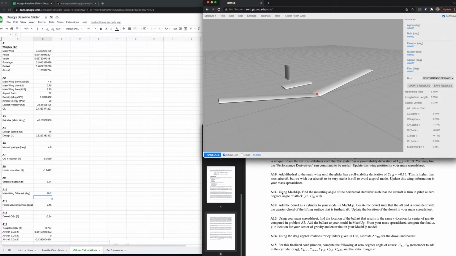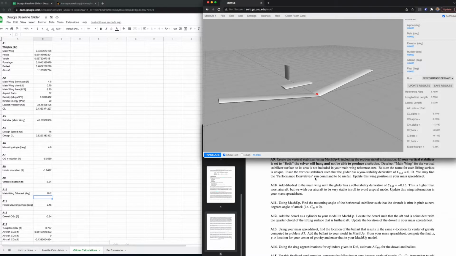And what we've done here by walking through this process for sizing these things and getting this dihedral is we've been looking at the things that are most dominant. So, for example, CN beta, the vertical tail, is the most dominant design feature for controlling your yaw stability. The dihedral in the main wing is the most dominant feature for controlling roll stability. Your horizontal stabilizer is the most dominant feature for controlling pitch stability, or your static margin. Notice that our static margin has gone up, actually.